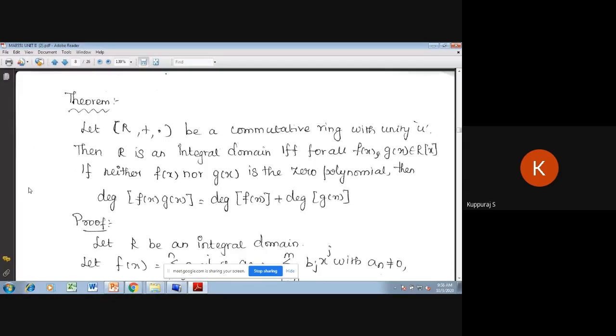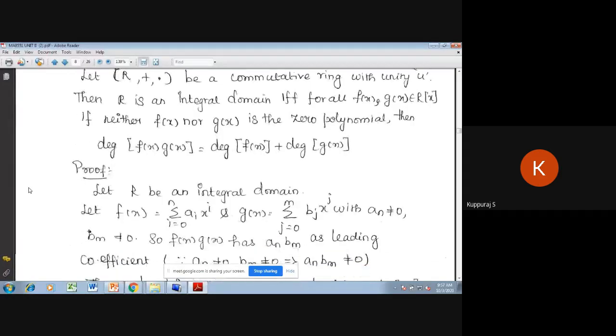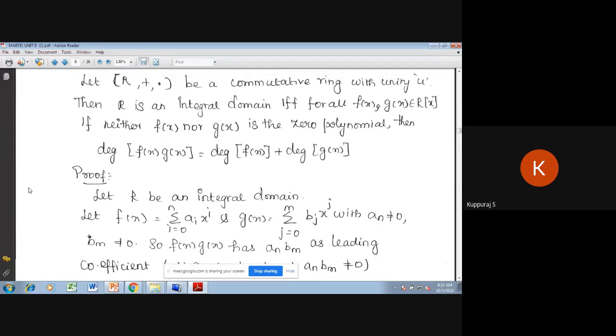Okay. So we have to prove degree of f(x)·g(x) is equal to degree of f(x) plus degree of g(x). But here the condition is that neither f(x) nor g(x) is the zero polynomial. So the proof consists of two parts.